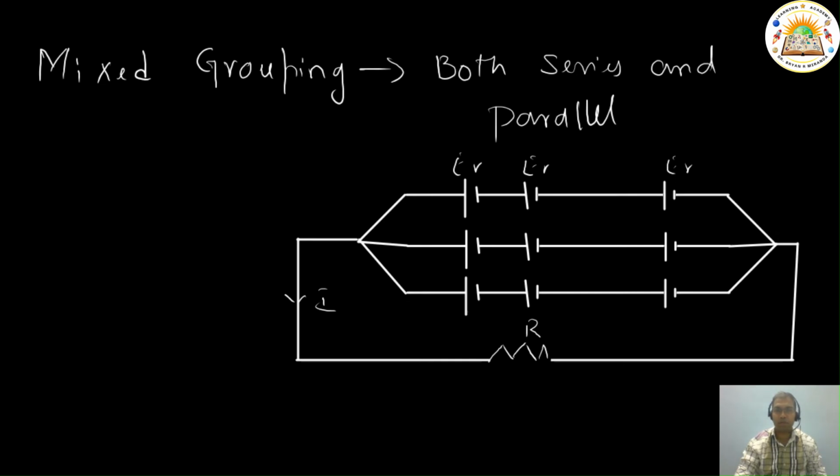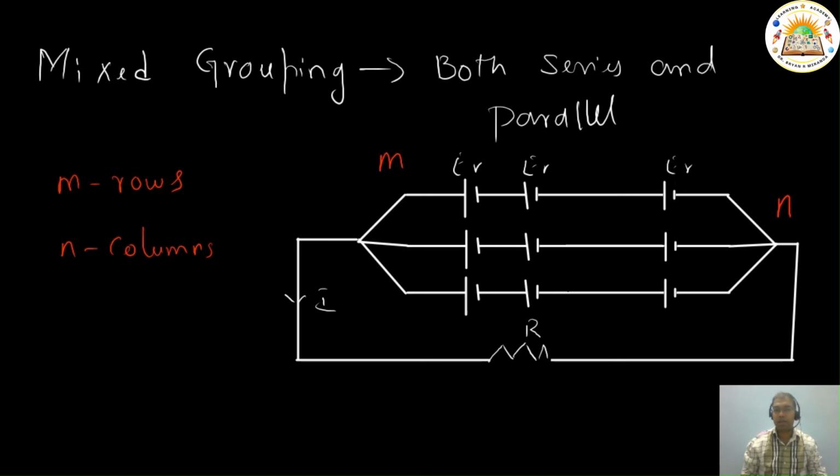We can have, let's say, n rows, or we can have m rows and n columns as a standard notation. So I'll write m rows and n columns. Now the idea here is to solve this series and parallel combination of cells.